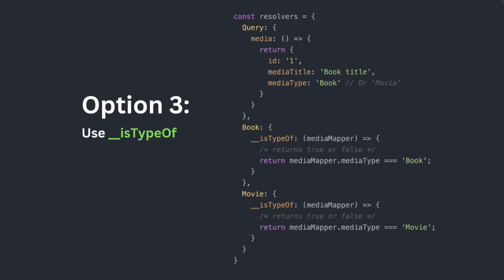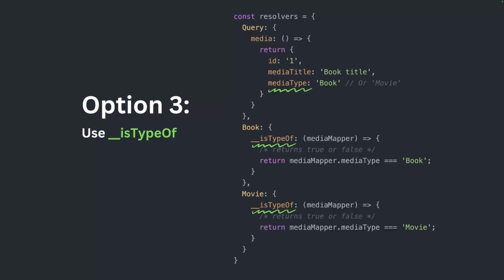Finally, option 3 is to use the implementing types' isTypeOf resolvers. The purpose of these resolvers is to tell which is the concrete type of the payload. Here's an example. We are returning a mapper with mediaType similar to option 2, but instead of using the resolveType resolver, we create isTypeOf in the implementing types.